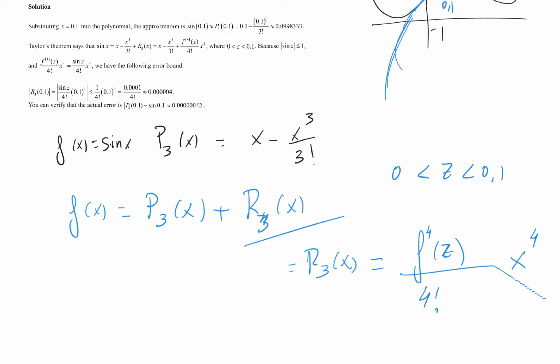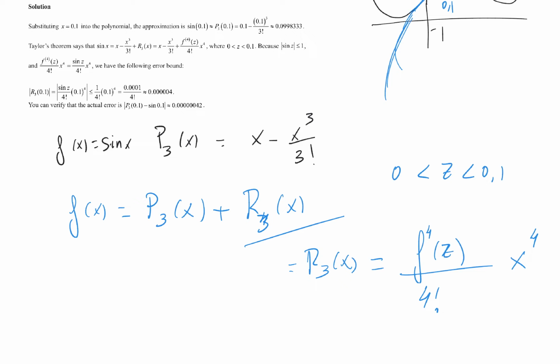If I choose the point 0.1 and plug it into the polynomial, I will obtain the value 0.1 minus 0.1 cubed divided by 3 factorial. I want to know the maximum error that I can make. But we don't know where the point z is.